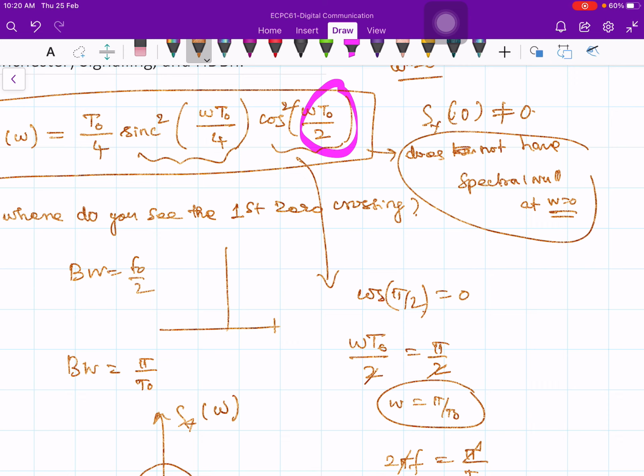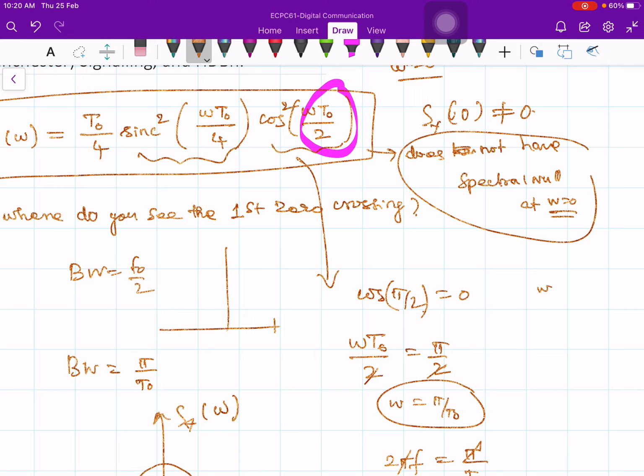Therefore, the duobinary scheme has similar properties to that of bipolar, except for a missing spectral null at omega equal to 0. In the bipolar signaling scheme, we had a spectral null at omega equal to 0, but here we don't have it. And the spectral null at omega equal to 0 is a very useful property, if you remember, because you can save the power.